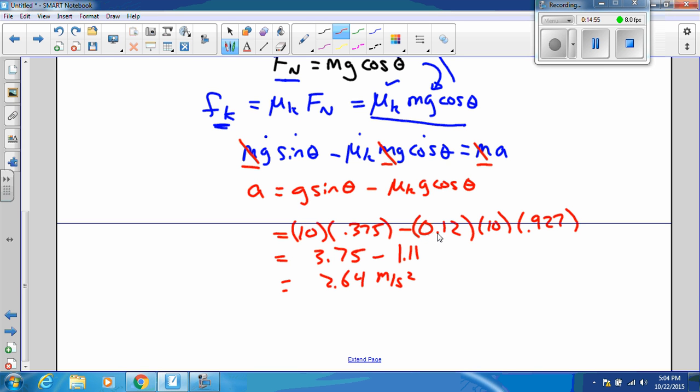Let me just check my numbers on that. Something's bothering me. Yeah, I know what's bothering me. This should be smaller than 1.11 because, no, it shouldn't. Looks about right. Let me just double check. Nope, that's correct. Okay, good. And so our acceleration is 2.64 meters per second squared.